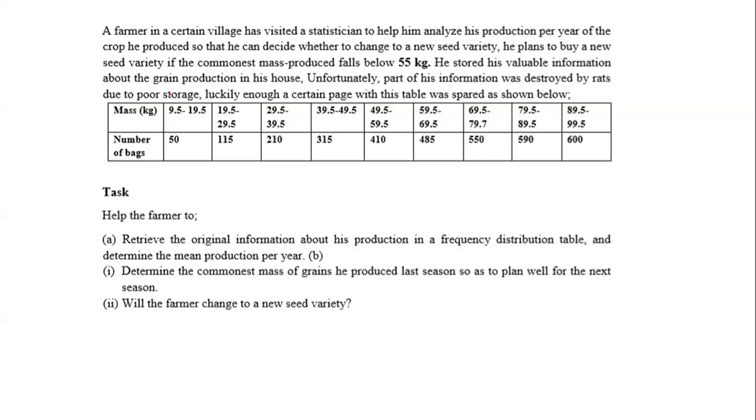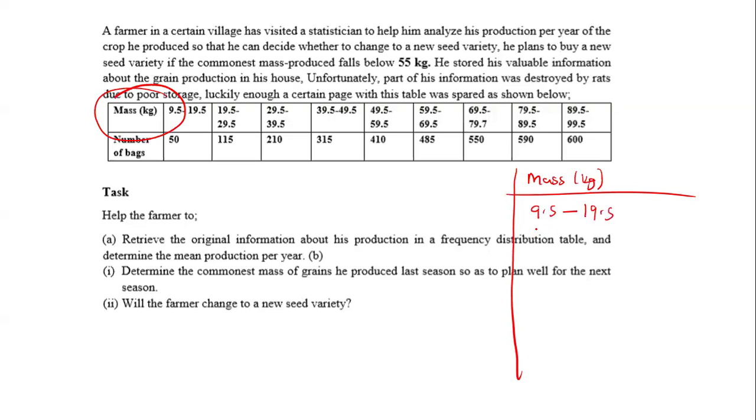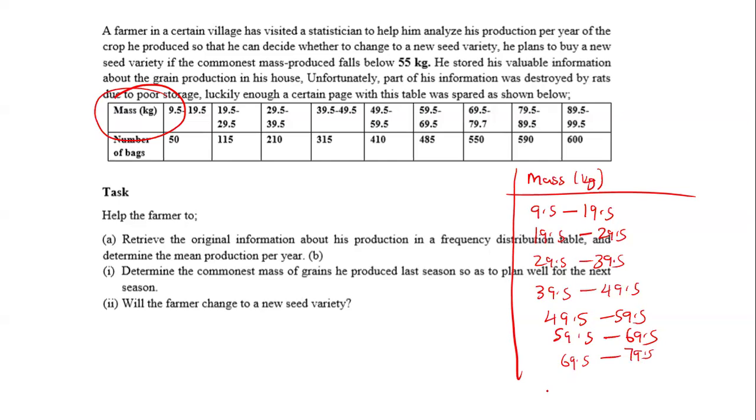Whenever they give you, let me say, mass in kilograms, and you notice that they have given you 9.5 to 19.5, 19.5 to 29.5, 29.5 to 39.5, 39.5 to 49.5, 49.5 to 59.5, 59.5 to 69.5, 69.5 to 79.5, 79.5 to 89.5. Now, always be very observant.